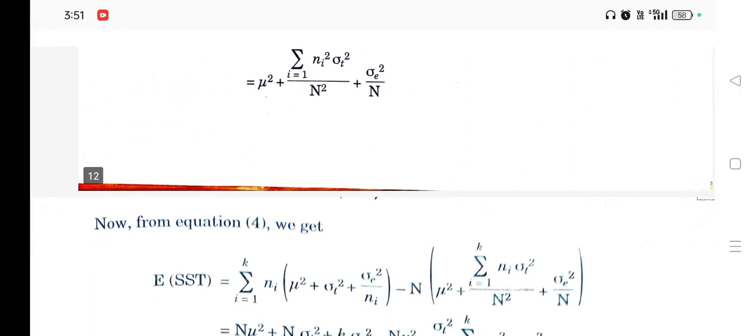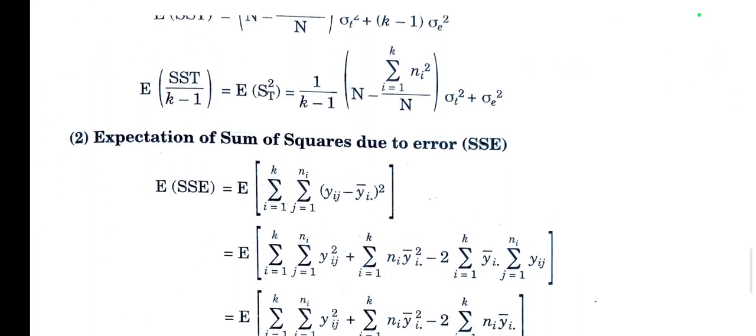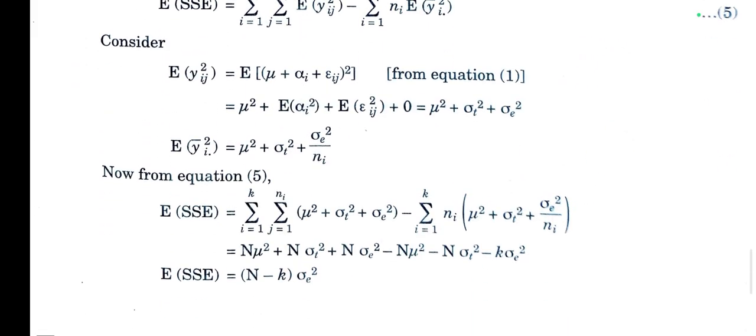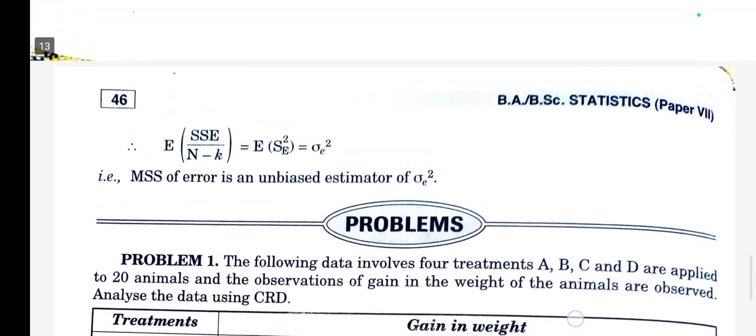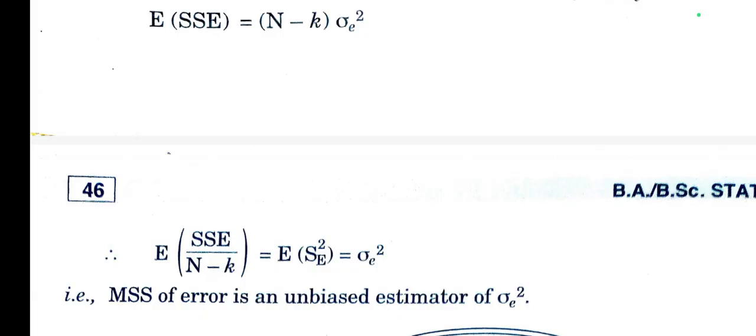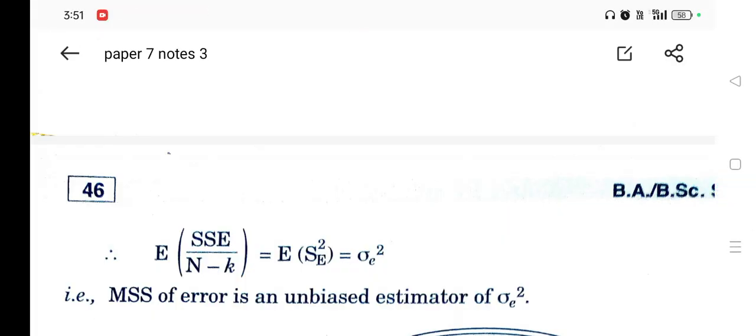Similarly, for the treatments, if you apply it, you will get the value. Then the expectation value and mean sum of squares values. The expectation of the sum of squares due to errors we are also going to calculate. If you substitute that, the mean sum of squares of error is an unbiased estimator of sigma squared. Up to this we had to calculate.